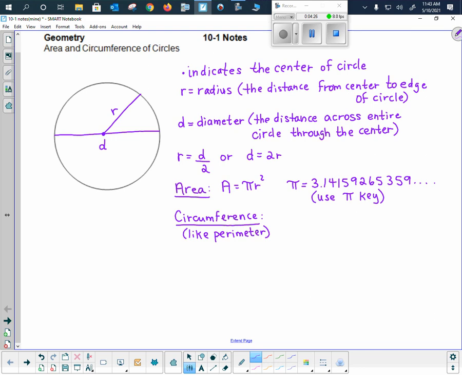Circumference means the distance around the outside of a circle. All right, so there are your basic properties that you need to know for the circle. Now let's practice some problems together.